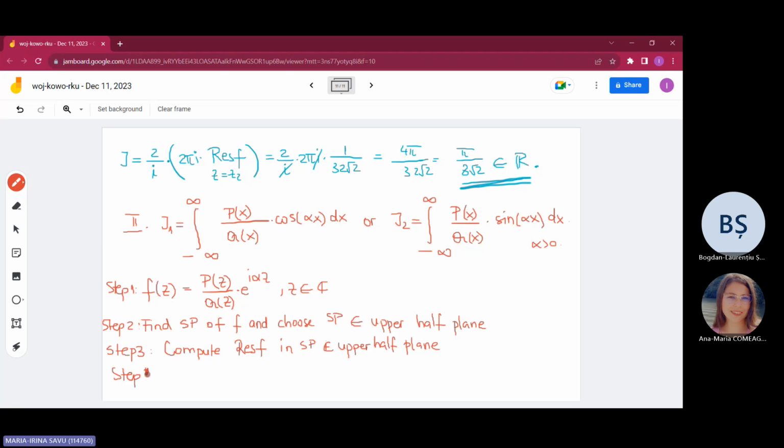And step 4: I1 is the real part of 2 pi i times the sum of residues, and I2 is the imaginary part of 2 pi i times the sum of residues.